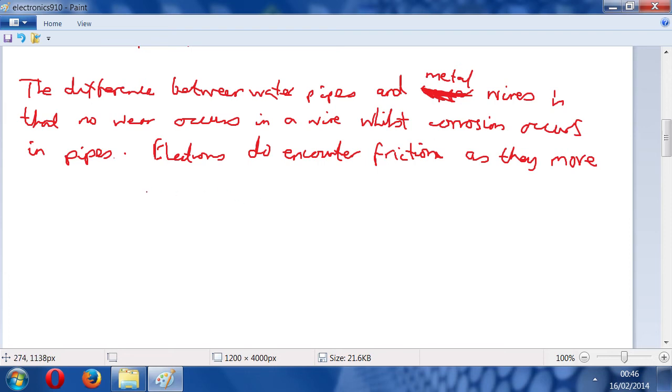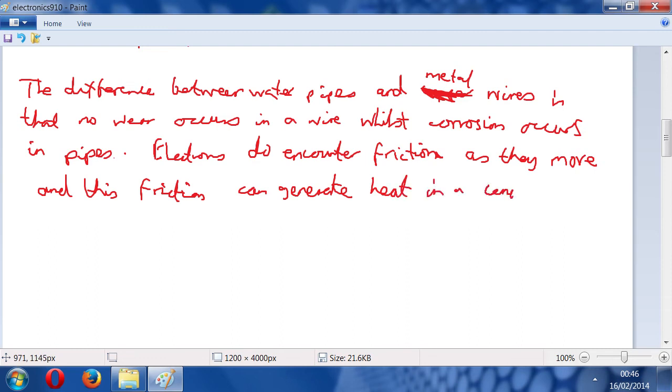Electrons do encounter friction as they move, and this friction can generate heat in a conductor. So that's important to note.